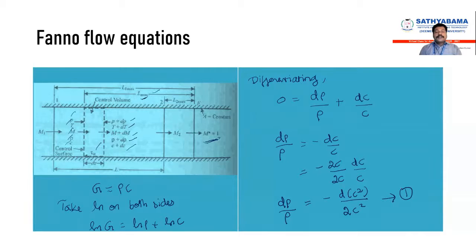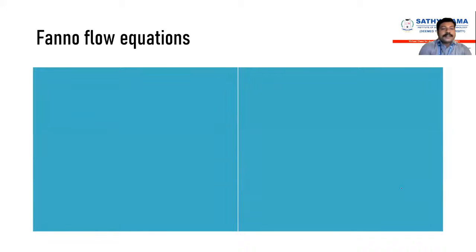Then we construct another differential equation from P is equal to rho RT, the perfect gas equation. Again you take log on both sides. What do you get? ln P is equal to ln rho plus ln R plus ln T. Again you differentiate.